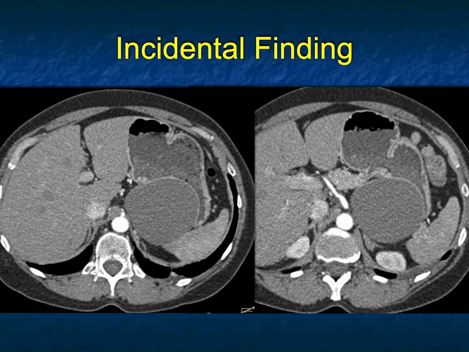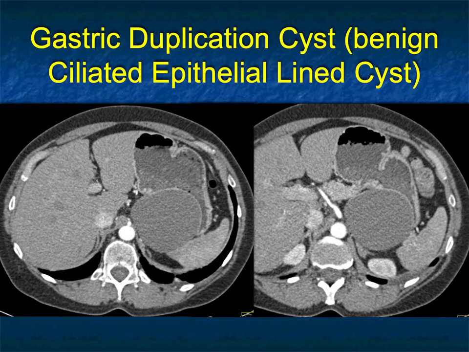I would favor the stomach, and I'm going to go in a big way thinking GIST, but because it's so smooth and well-defined and water density and just a more solid, I want to exclude the possibility of a duplication cyst. So let's think about it. And in fact, this was a ciliated epithelial-lined duplication cyst.